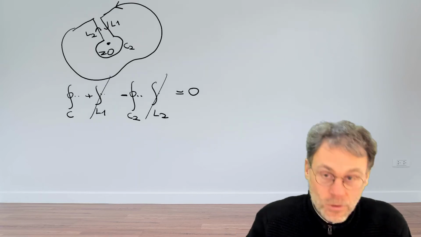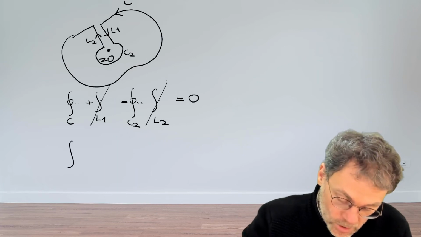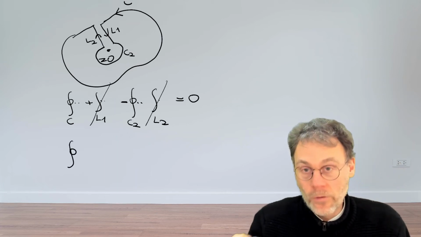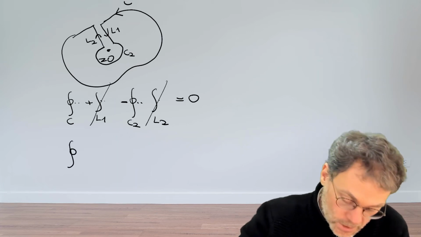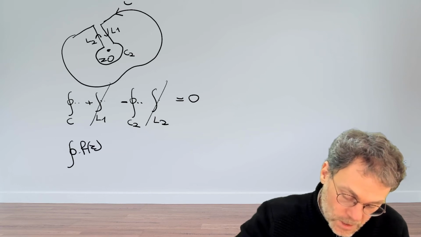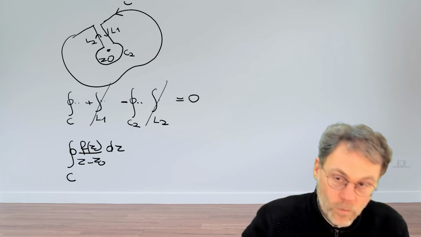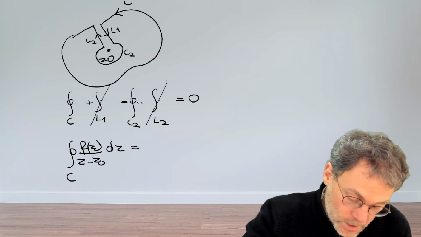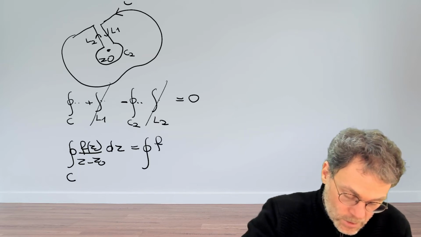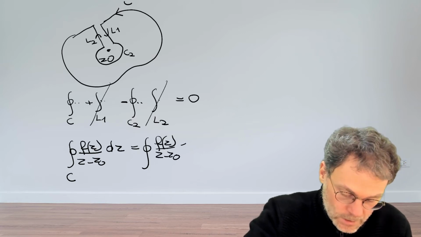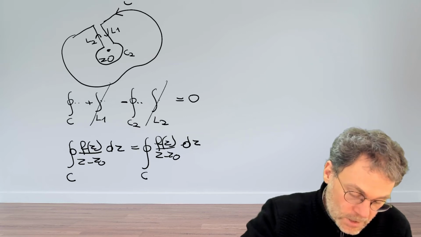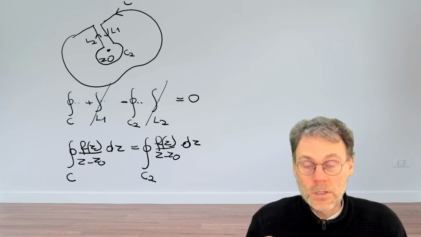And that allows us to write that the original non-extended integral that we're interested in, the integral of f of z divided by z minus z0 dz over C, is actually equal to a very similar integral with exactly the same integrand, f of z divided by z minus z0 dz, but this time over our contour C2.